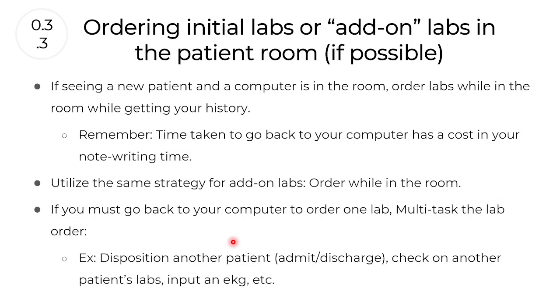Maybe you were waiting on a D-dimer for another CTA. Maybe you were waiting on an X-ray so that you can ask techs to put in a splint for somebody. So just multitasking that is actually very helpful for workflow as well.